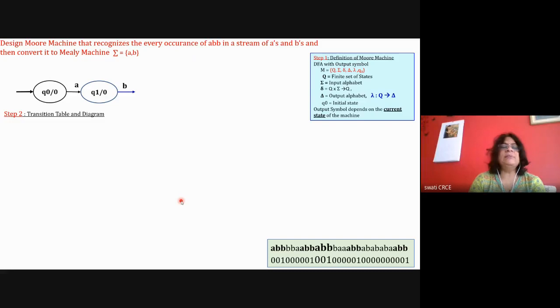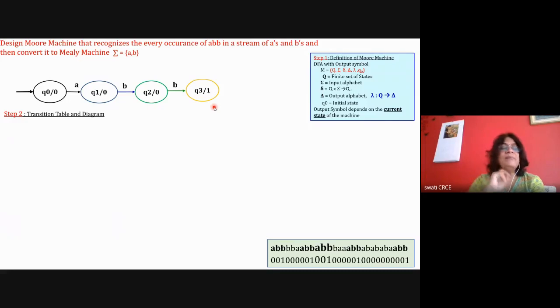After that, if there is any B, again it will generate 0, and the state is Q2. Here I'm counting: Q1 is counting that one A is done, Q2 is saying that AB is done. Now it will go to the state Q3 with B, and Q3 is going to remember that the previous three symbols were A, B, B. So Q3 will generate 1.